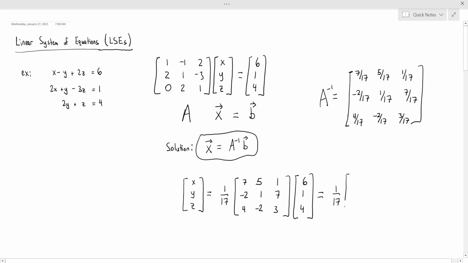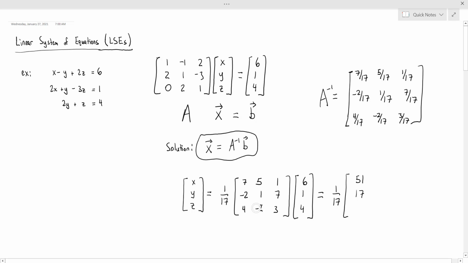So I'll keep the 1 over 17 in front for now. So we're going to get, let's see here, 42 plus 5 is 47, plus 4 is 51. We're going to get negative 12, plus 1 is negative 11, plus 28. So negative 11 plus 28 should be 17.